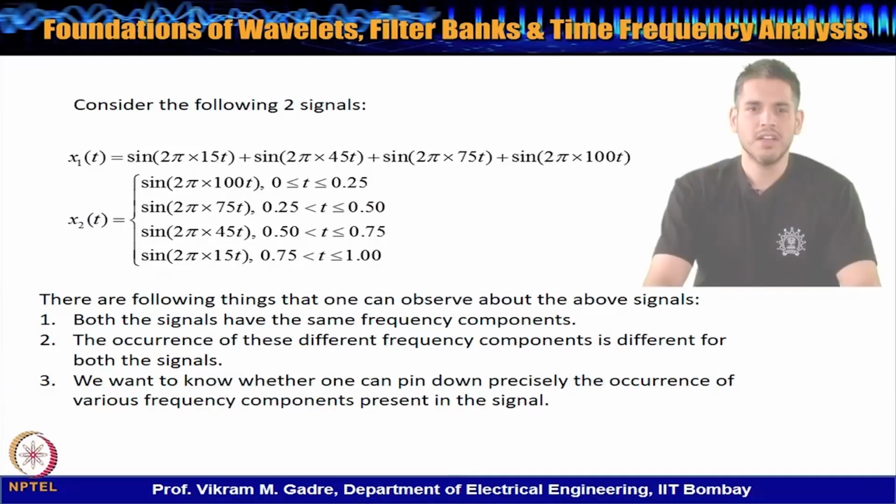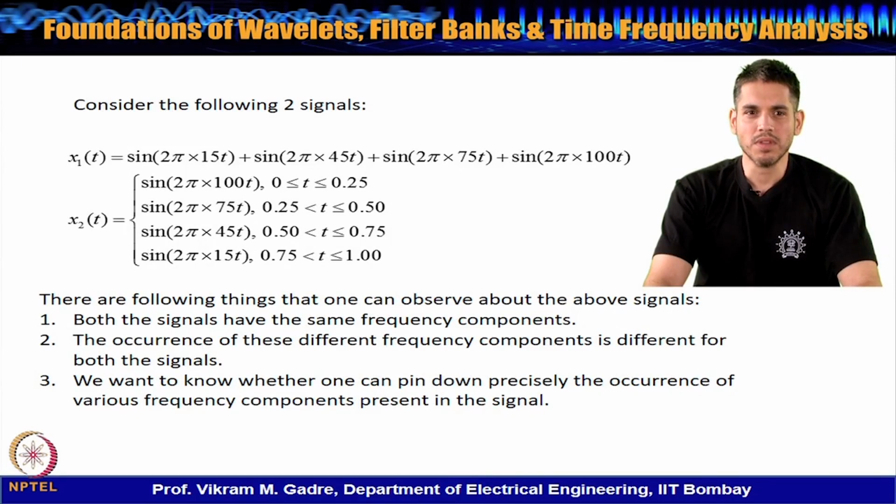Now consider the following two signals, x1(t) and x2(t), and take 10 to 15 seconds to look at these two signals closely. As one can expect, these two signals are completely different in their behavior as far as the time domain is concerned.